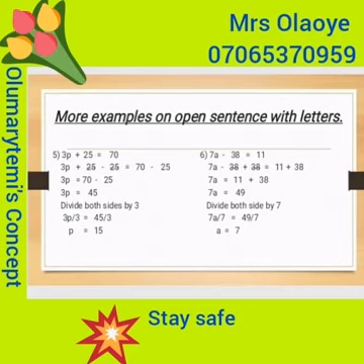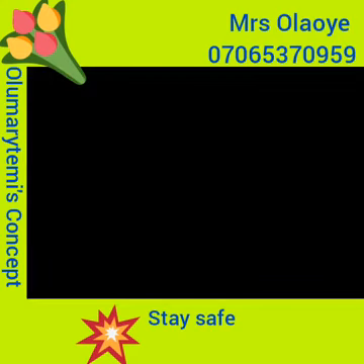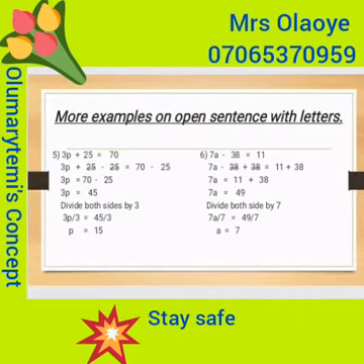So using the method we are using, we have 7a minus 38 plus 38 equals 11 plus 38. Are you with me? Okay, so 7a equals 11 plus 38. So from there we now have 7a equals 49.